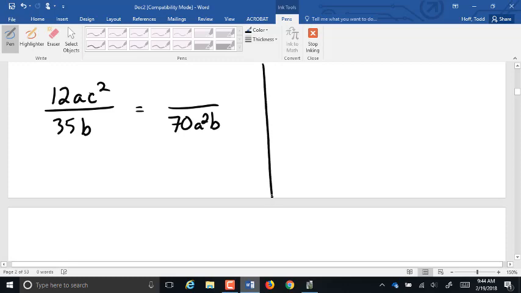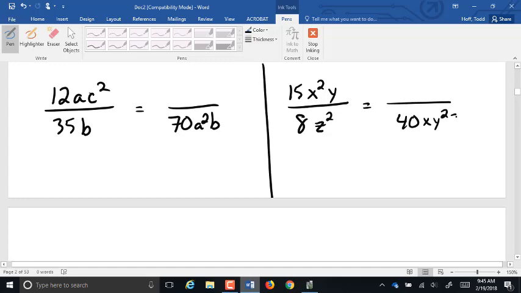And then the second one I want you to try, we're going to do 15 x squared y over 8 z squared, and we want to turn that one into 40 x y squared z to the third. So I'm going to give you a couple minutes to try that.